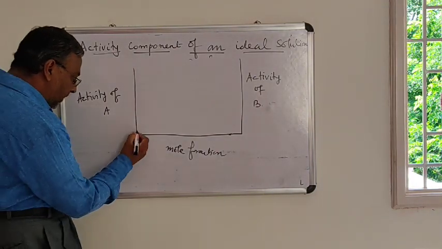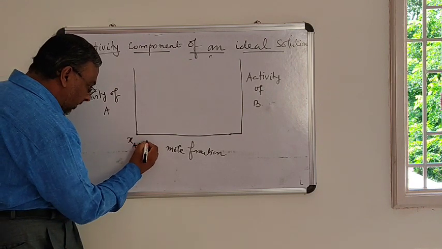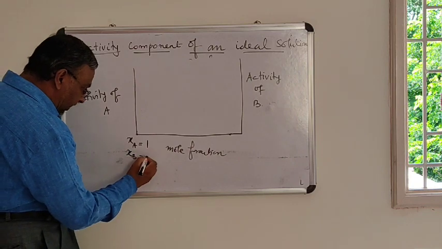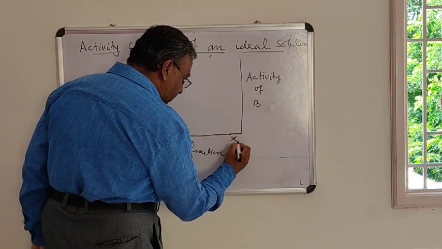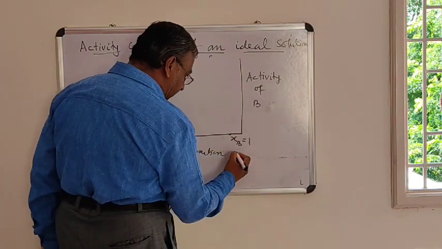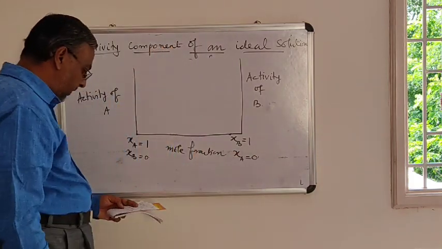See here, when the mole fraction of component A is 1, the mole fraction of component B is 0. Here, the activity of component B is 1, and the mole fraction of component A is 0.